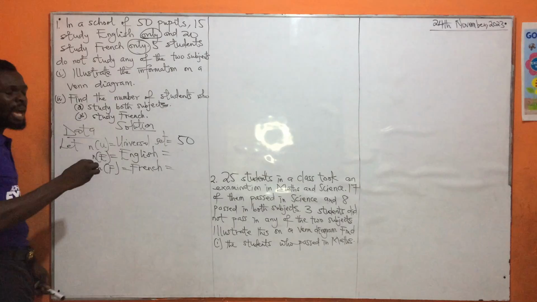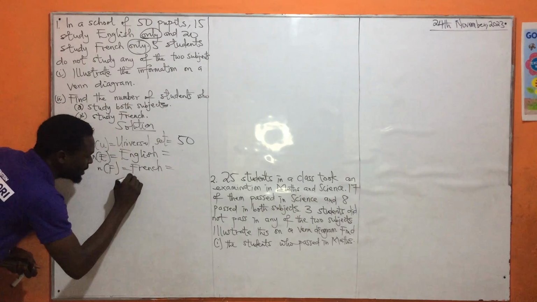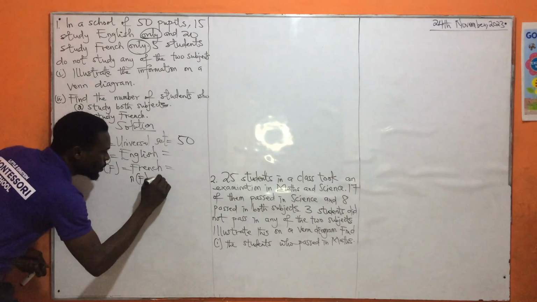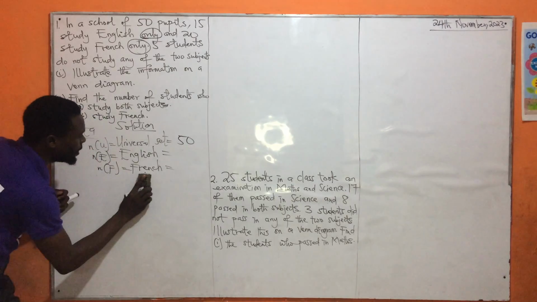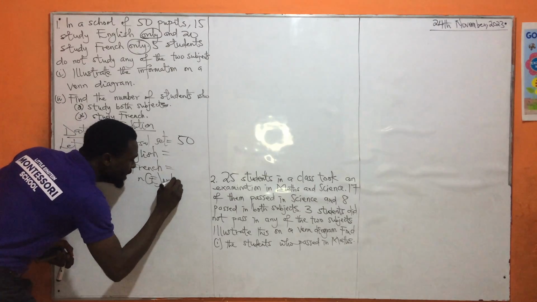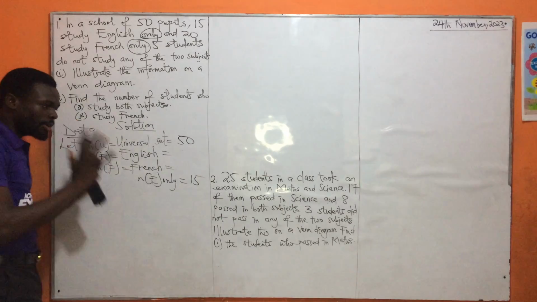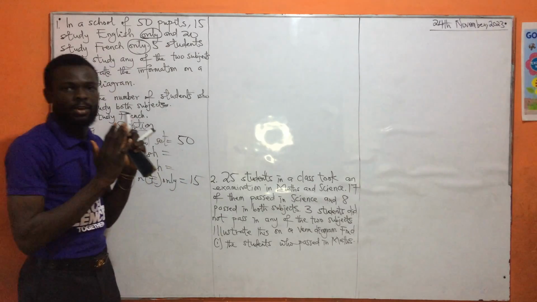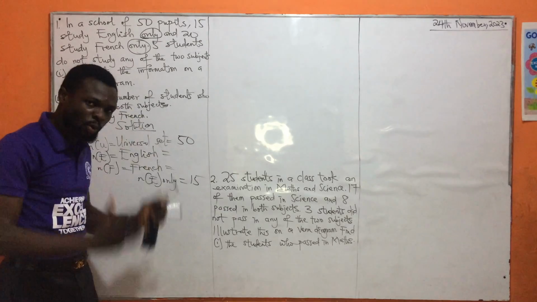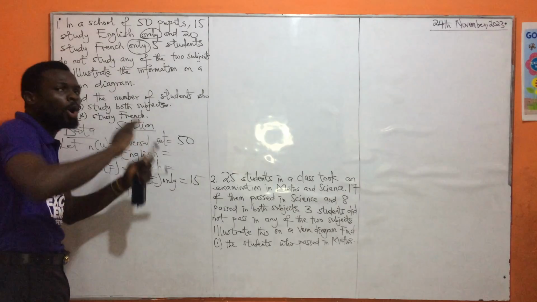So for that one, we have to write it on its own and say the number E only, which is 15. We should be very careful when "only" is stated in a question. It says that 15 studied English only.